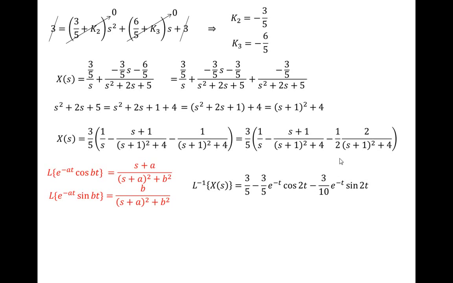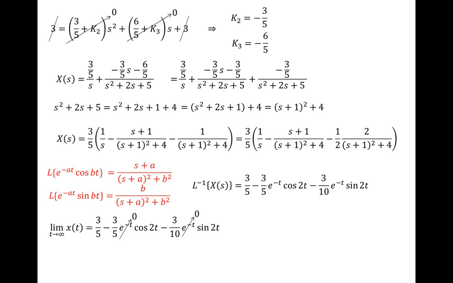And for the last term, the reason I multiplied by 1 over 2 and 2 is that I wanted to reshape this fraction into the form of e to the minus at sine bt. So the Laplace inverse of this one will be minus 3 over 10 e to the minus t sine 2t.